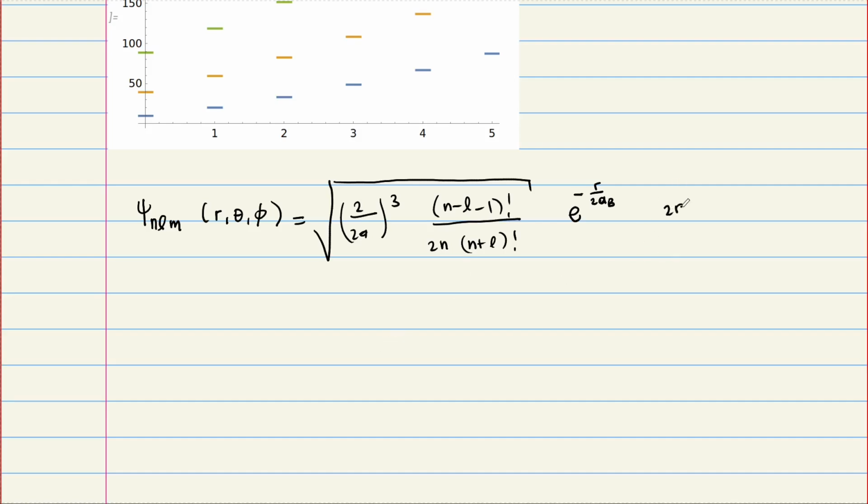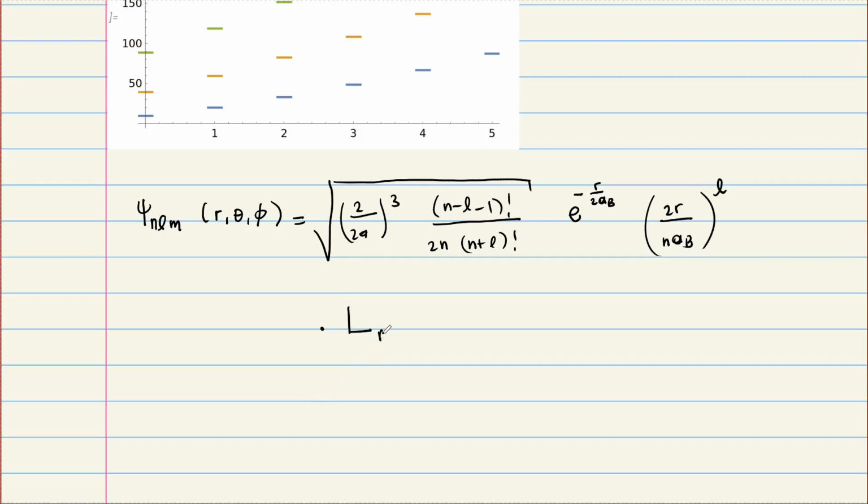Here is the polynomial part. This is the piece that's required because the wave function needs to vanish as r goes to 0, and it goes like r to the L. And now there's also a polynomial part coming from the power series, and that polynomial turns out to be a special function called the Laguerre function.